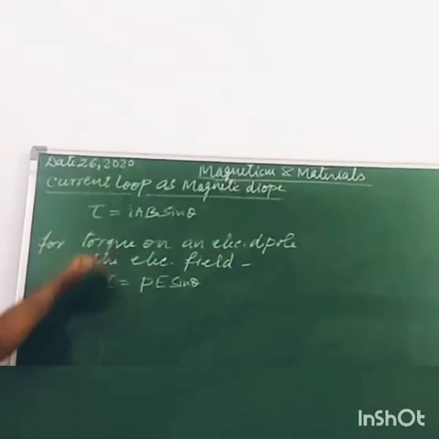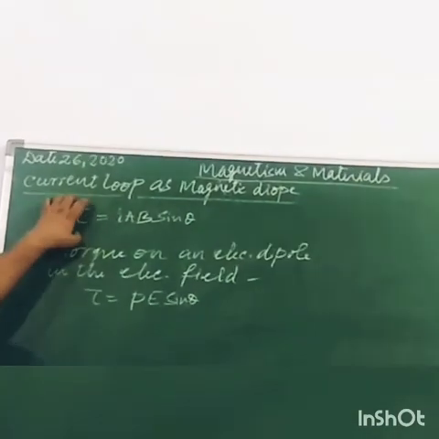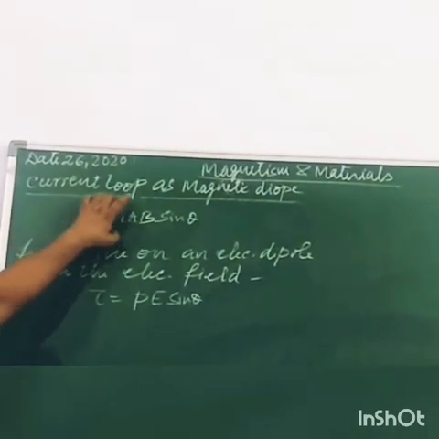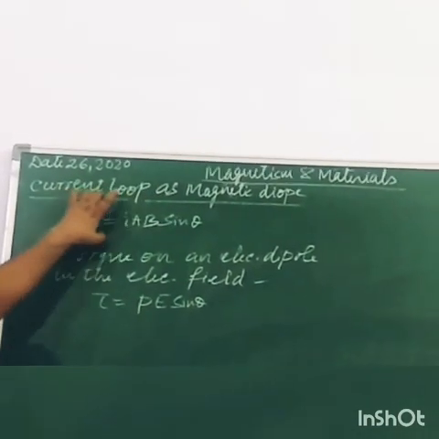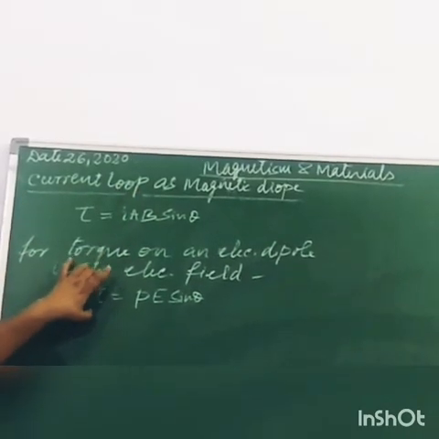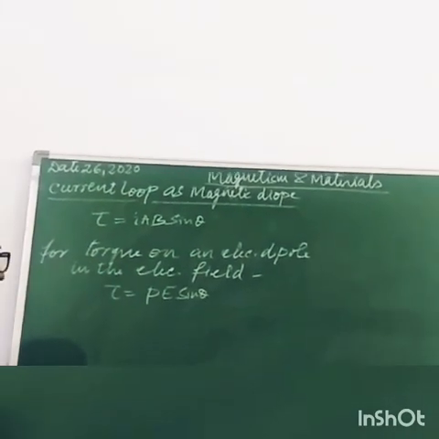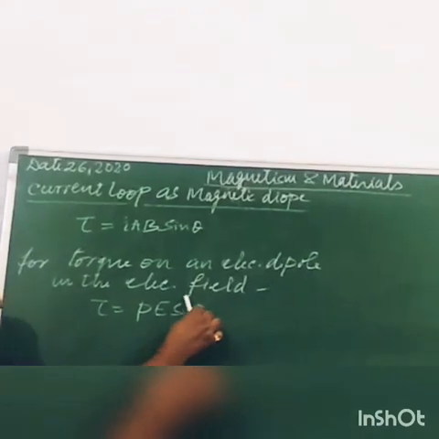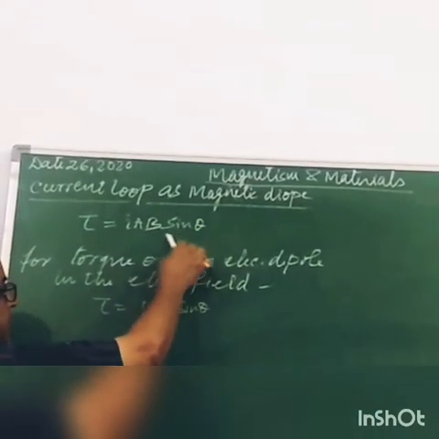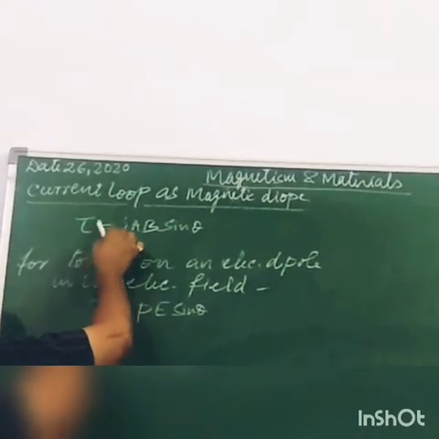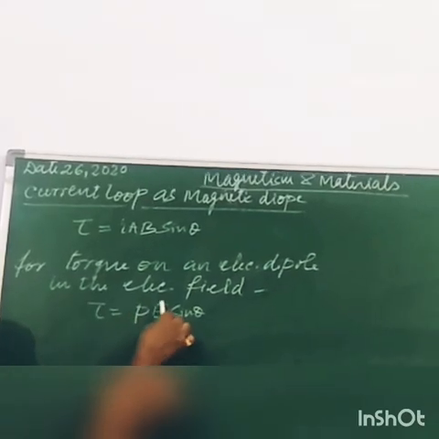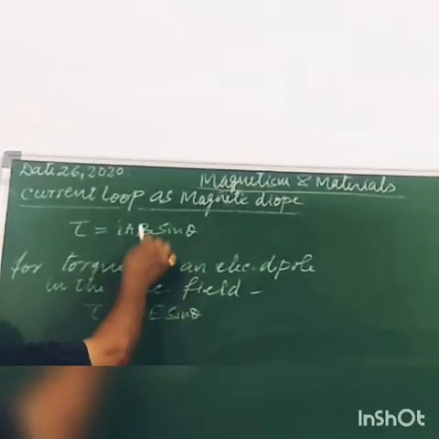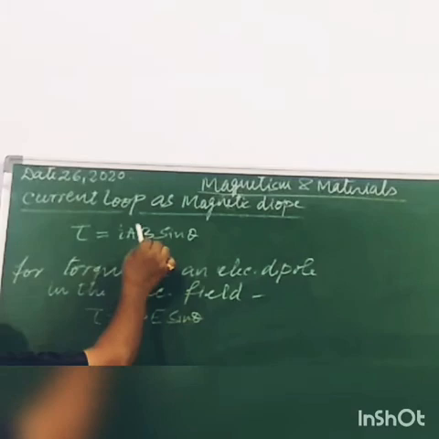So these two equations: one is the torque on a current loop, and this is the torque on an electric dipole. Sin theta is here, sin theta is also here, the torque is here, it is electric field E, and this is magnetic field B.